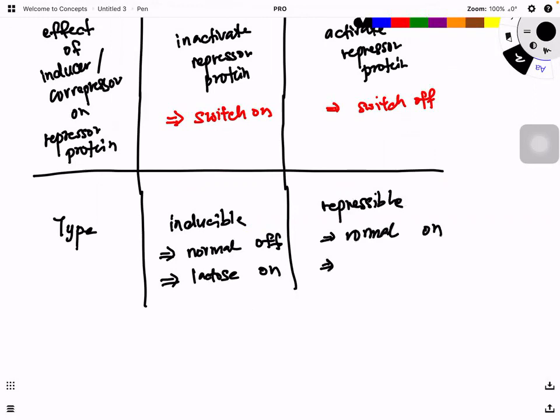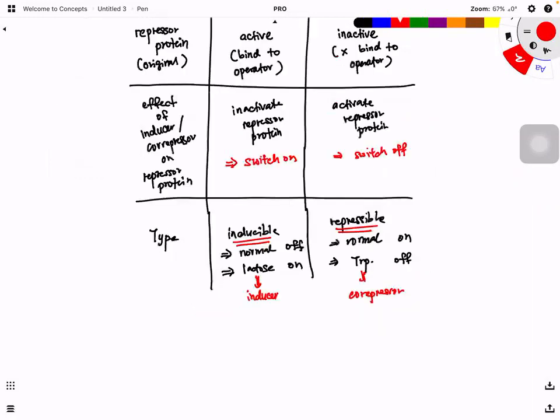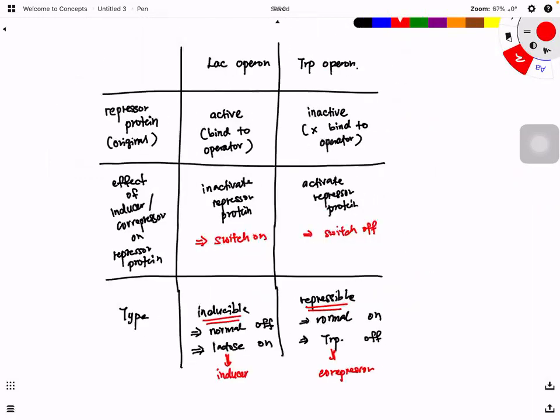But with the co-repressor, tryptophan, it switches off. So lactose acts as the inducer here, and tryptophan acts as a co-repressor. Hope you understand the meaning of inducible enzyme and repressible enzyme. If you want, you can take a photo. That's all for today.